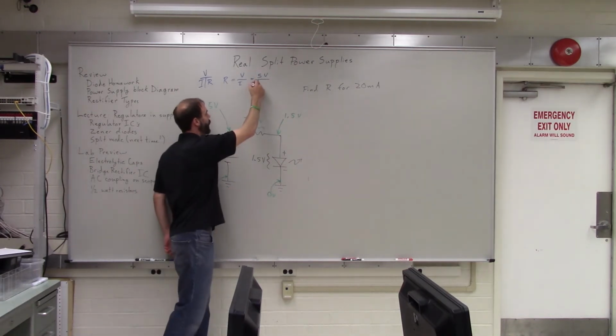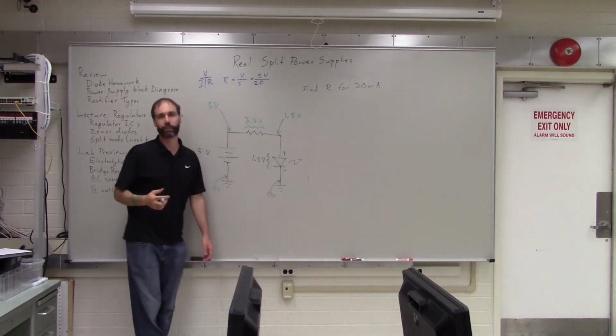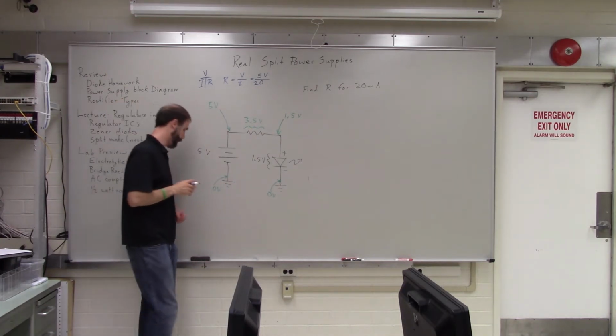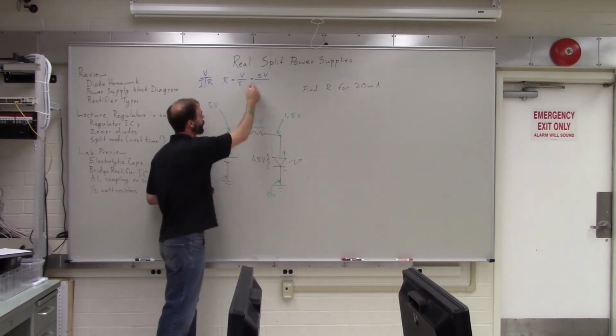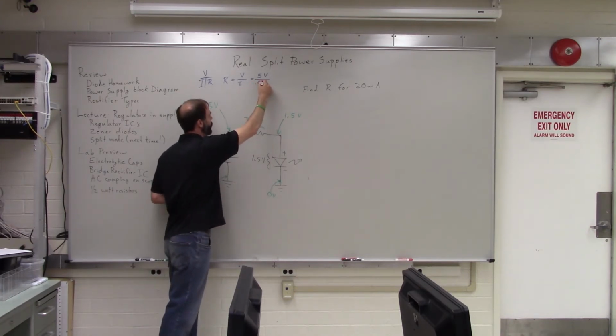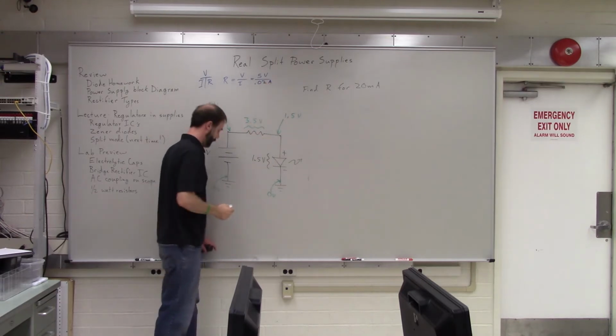Now, can I just divide 5 by 20 like that? No. I have to convert into raw units first, so 5 over 0.02 amps.